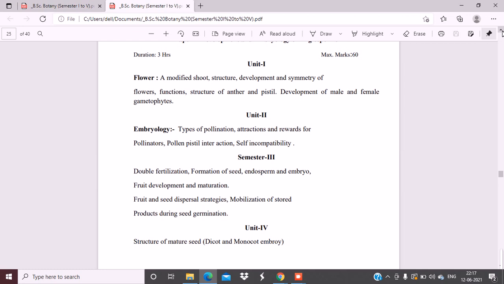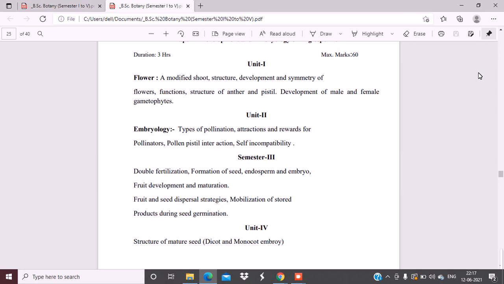These topics you have already studied in your class 11th and 12th. For these topics, if you refer to A Textbook of Biology by Pradeep's, that book is sufficient. You can study the topics from Pradeep's Biology class 11th and 12th books.